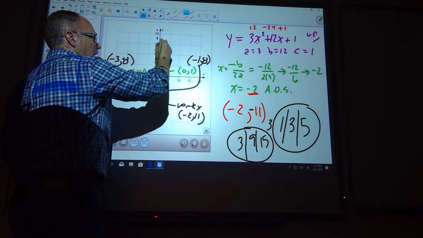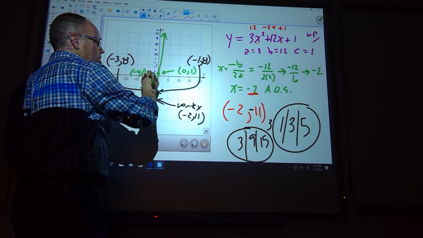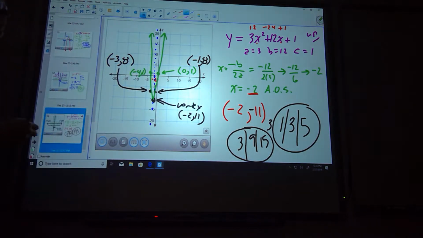So this is a real skinny parabola as far as this graph is concerned. And that's how I got those points. Okay, it's always going to be right 1 or left 1 from the new point, and then it's going to go up however much the ratio of the pattern is.